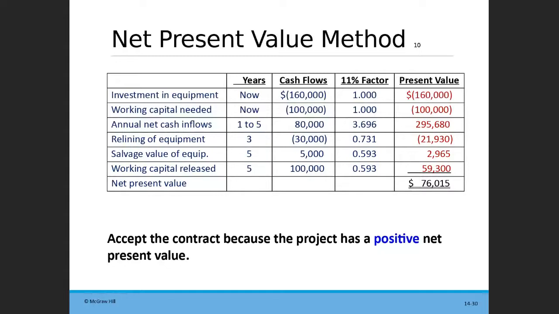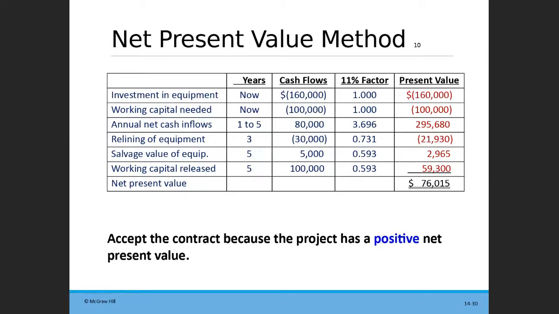We were working on a contract, and it's going to pay us $80,000 every year, annual cash flows in, and we were going to have some cash flows out at the beginning, our initial investment. We'd have a little cash flow out here, 30,000, and at the end we'd sell the equipment, and at the end we'd get our working capital back.